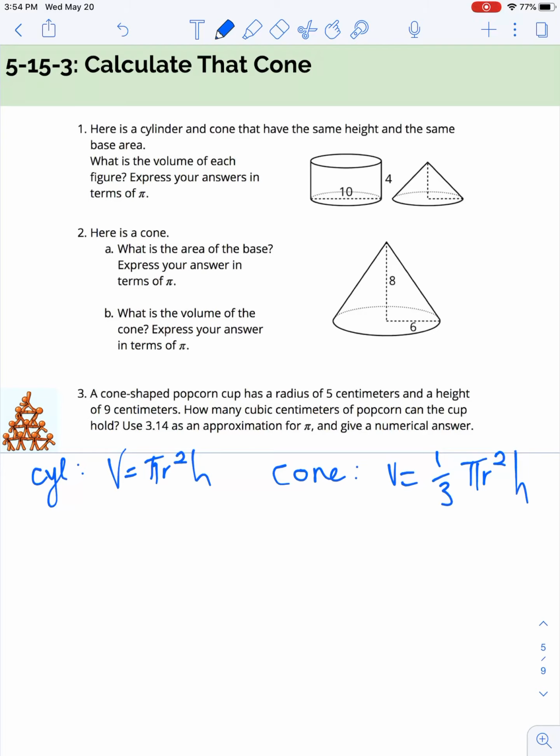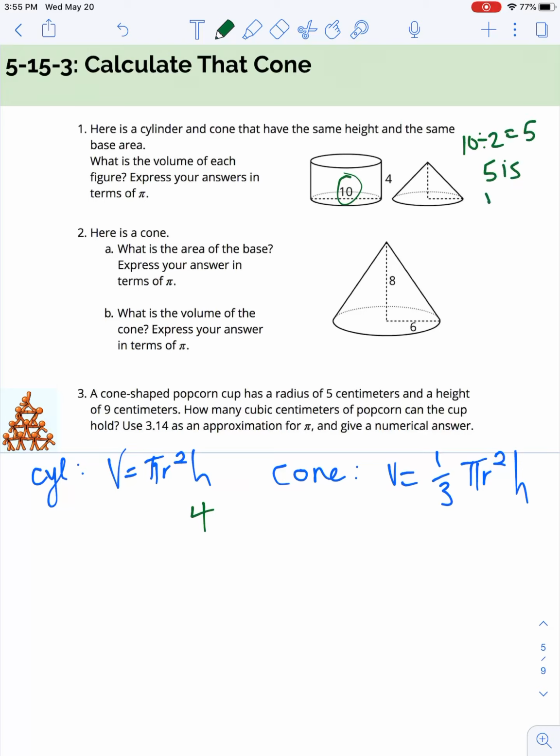So what would we do? The height is 4, and the radius is 5, because half of 10 is 5. So 10 divided by 2 is 5.